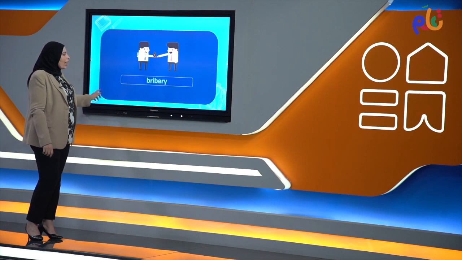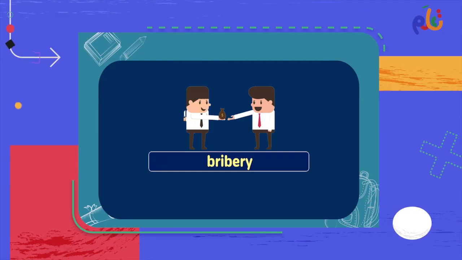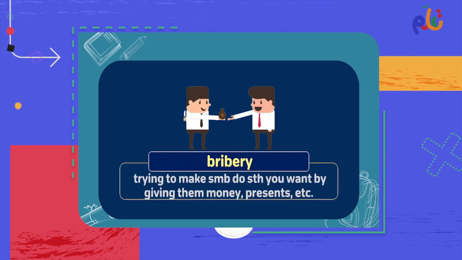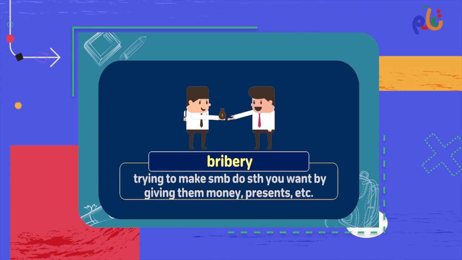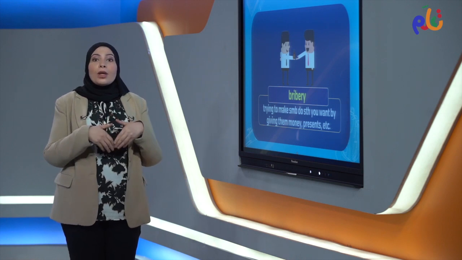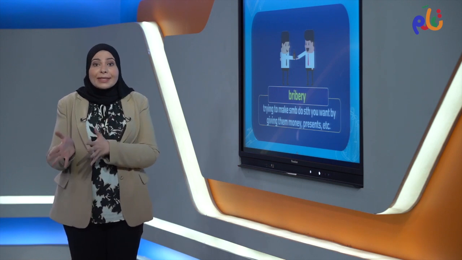And then we have bribery. Bribery is basically giving somebody something valuable, maybe money or something else which is valuable, like presents, just for him to make your life easier, especially when it comes to business.